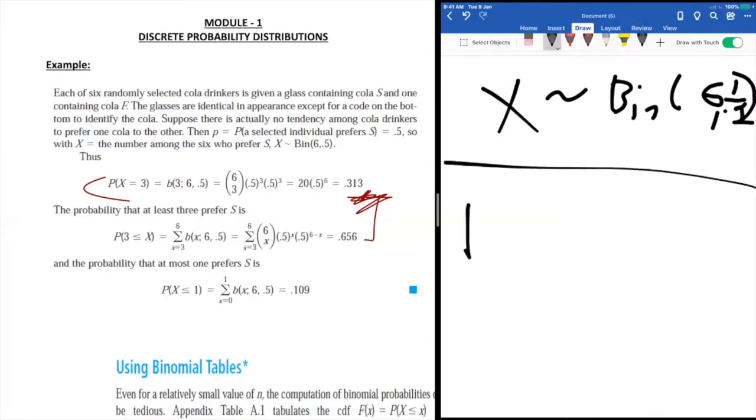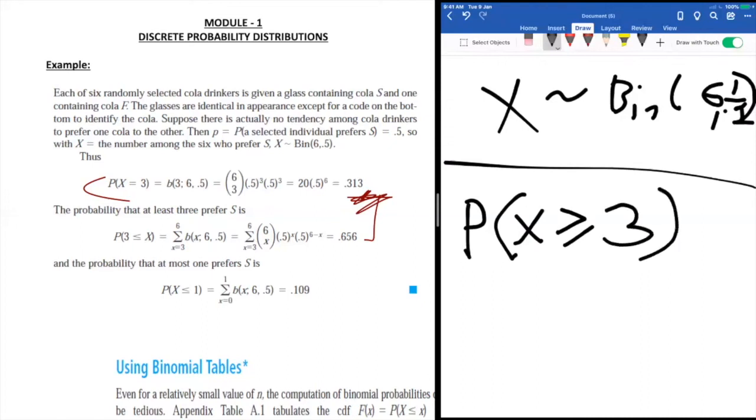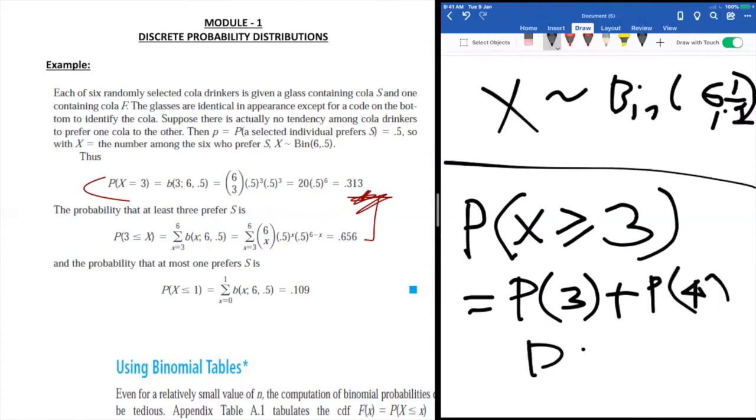That means probability of X greater than or equal to 3, which is equal to P of 3 plus P of 4 plus P of 5 plus P of 6.